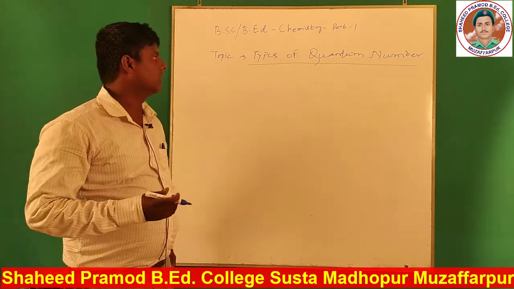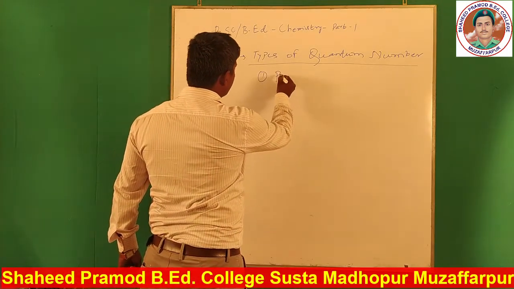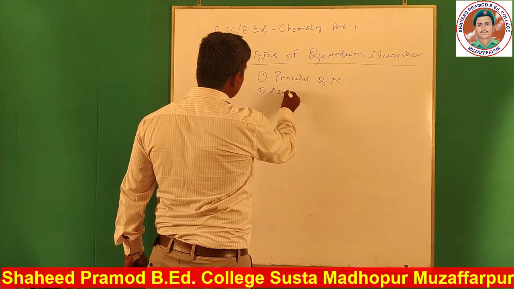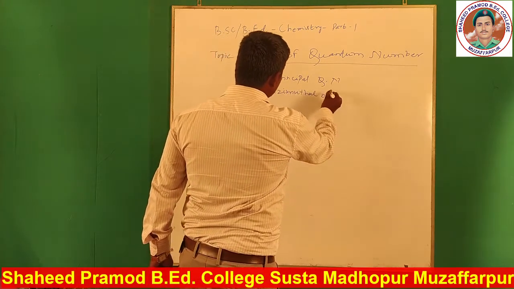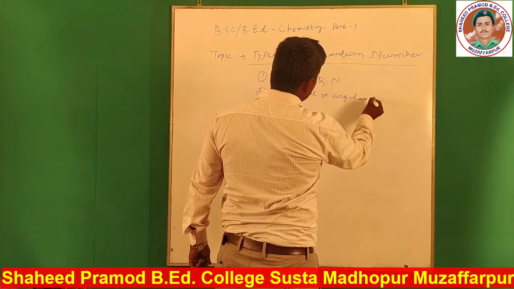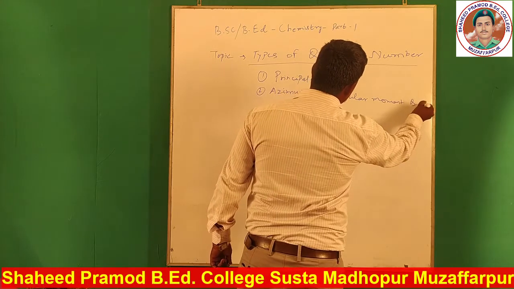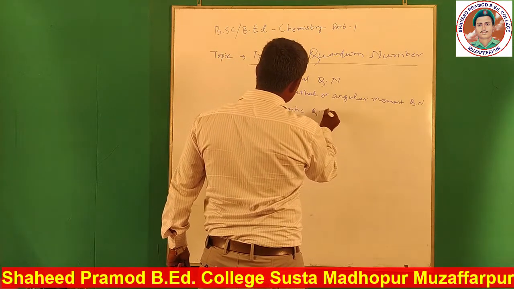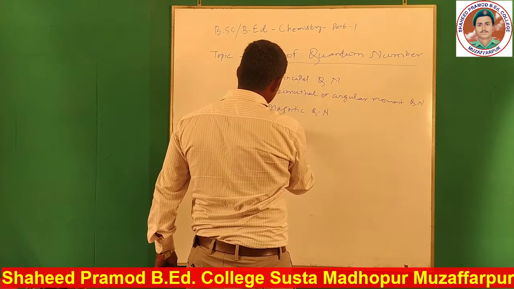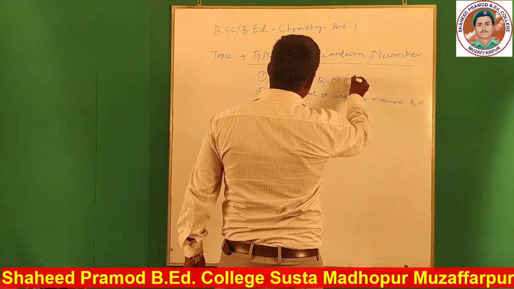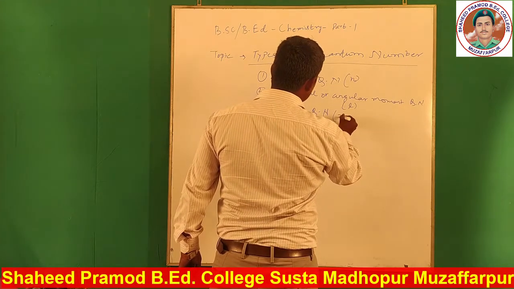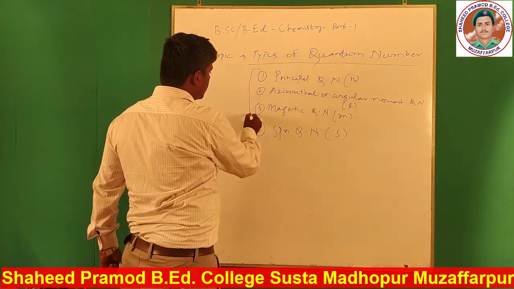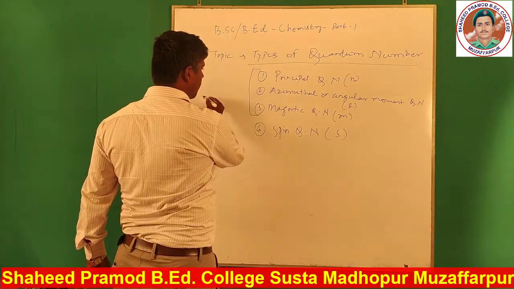There are four types of quantum number: principal, then azimuthal or angular momentum, third magnetic, and fourth spin quantum number. They are denoted by n, l, m, and s.